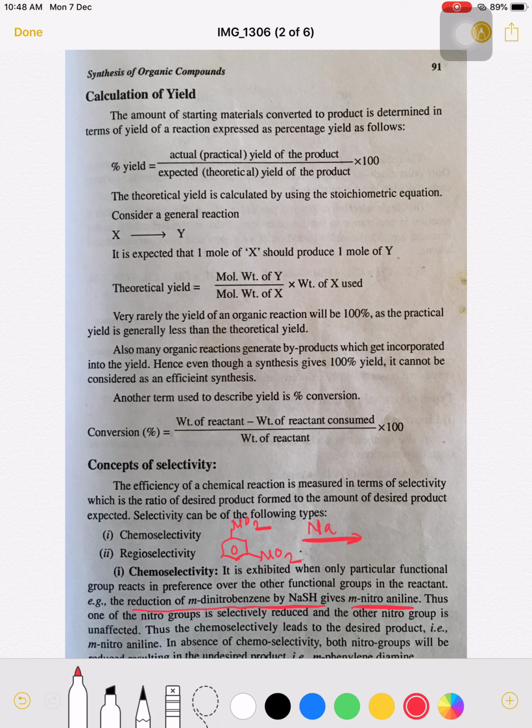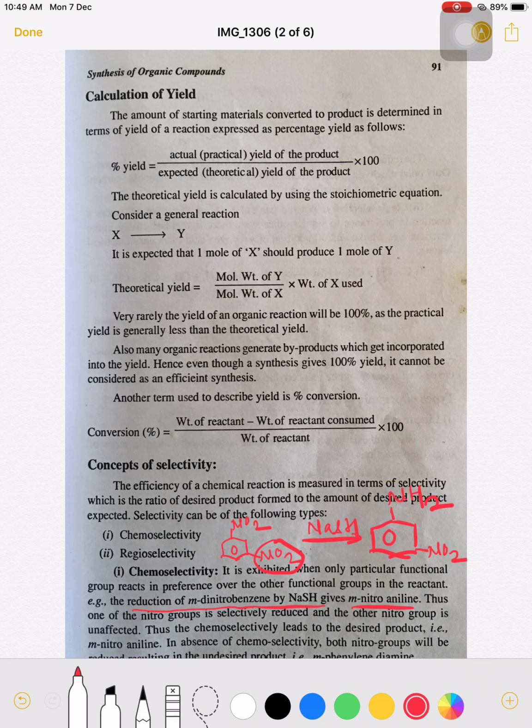On reduction, any one of the NO2 groups is reduced by use of NaSH, either this one or this one, into NH2. So meta-nitroaniline is formed.